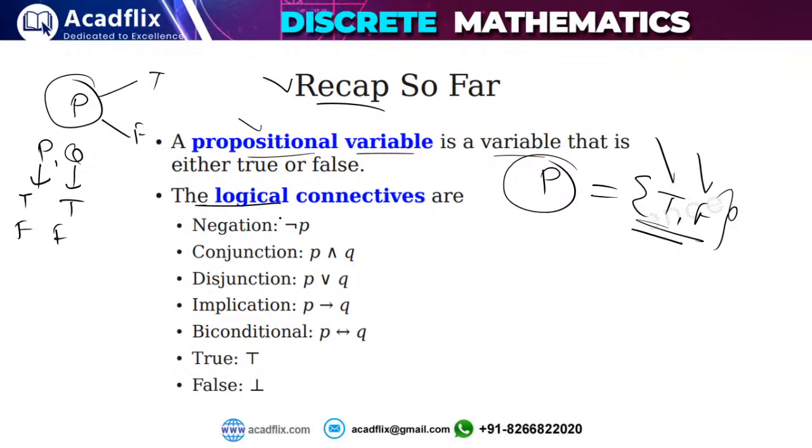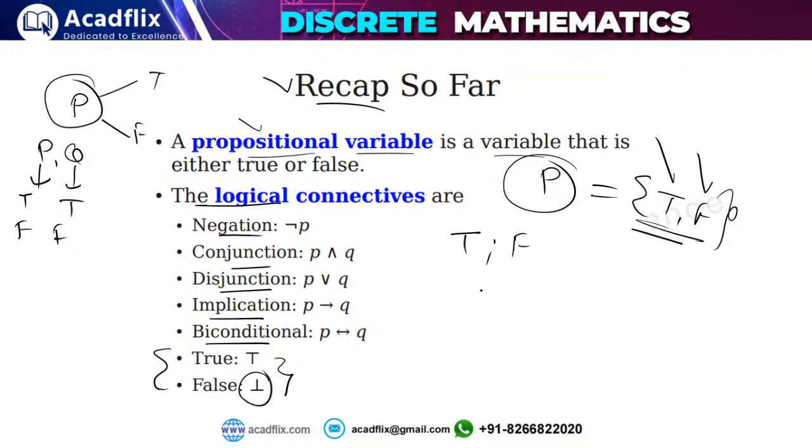We had seen logical connectives also: negation, conjunction, disjunction, implication, biconditional, and of course true and false. We denote true by T and false by F, but this is just a convention.